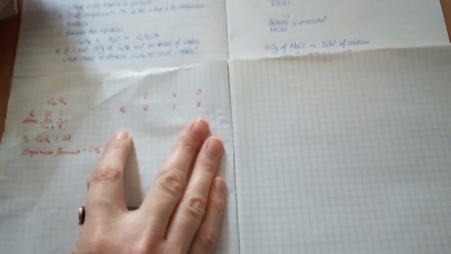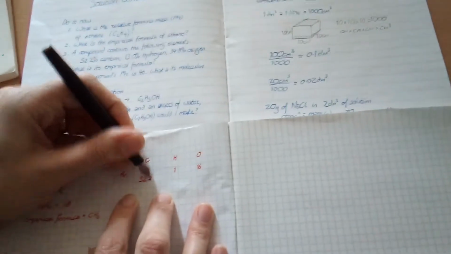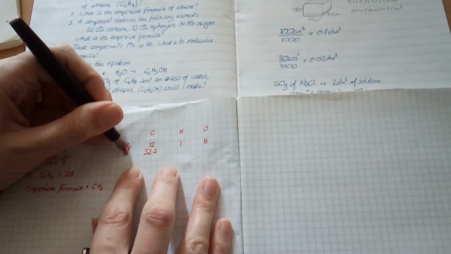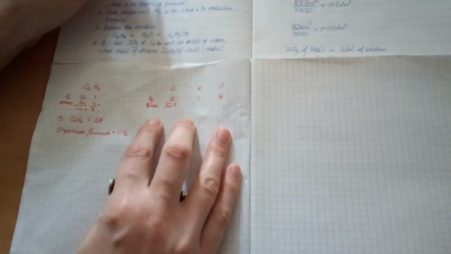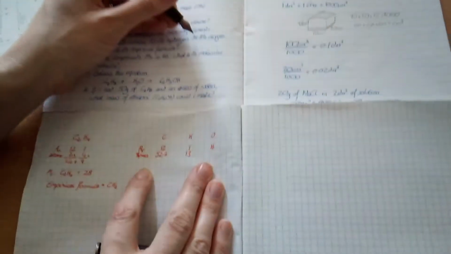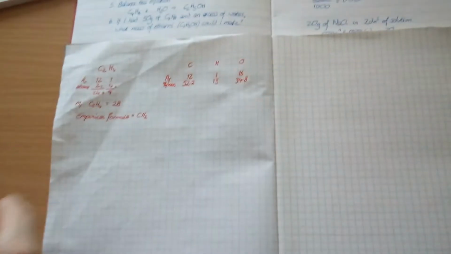So I know that carbon is 52.2. So this is the percentage or the mass. Whichever they give you, it actually doesn't matter, because the percentage is just how many grams in 100 grams. Hydrogen is 13 and 34.8 for oxygen.